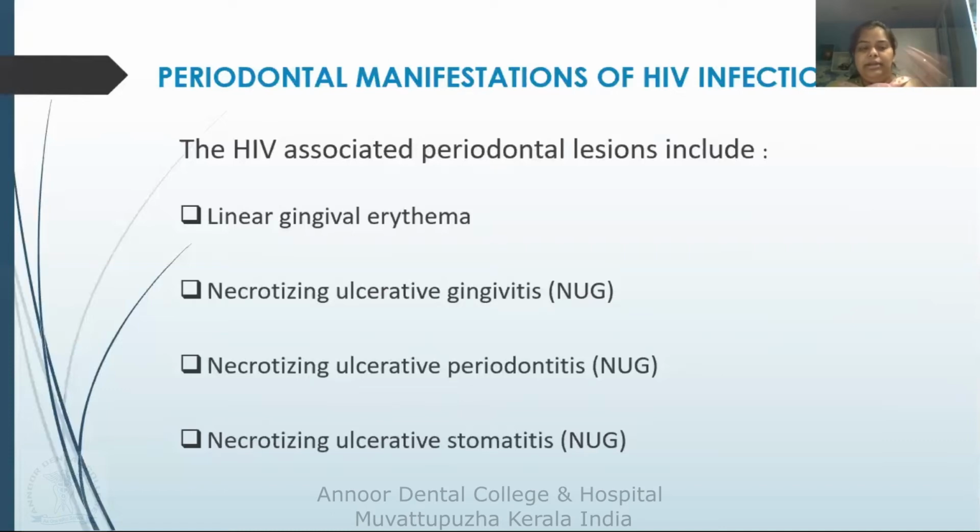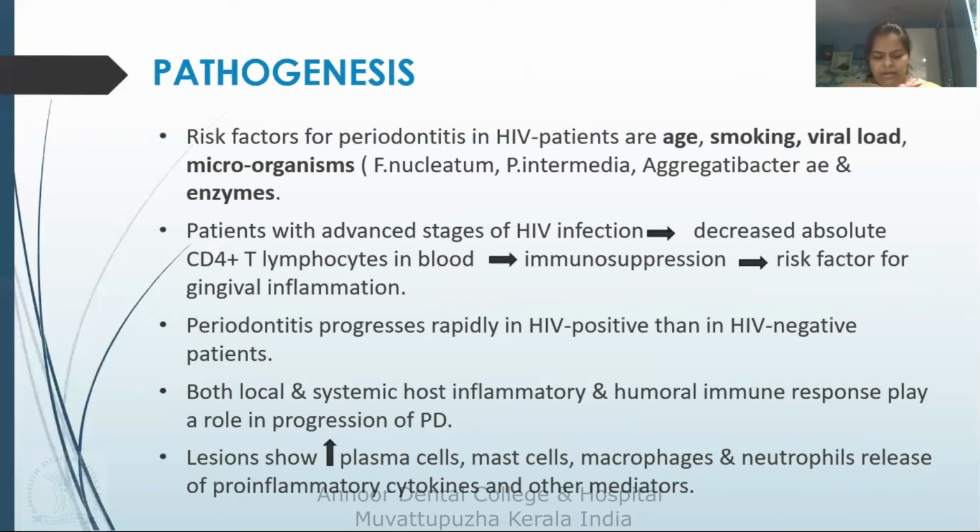So later on, in the same year 1993, I think it was by the EC Clearinghouse, they accepted the classification as the HIV-associated periodontal lesions, including linear gingival erythema, necrotizing ulcerative gingivitis, necrotizing ulcerative periodontitis, and necrotizing ulcerative stomatitis. So the HIV term was removed, because these lesions can also be present in HIV negative patients as well.